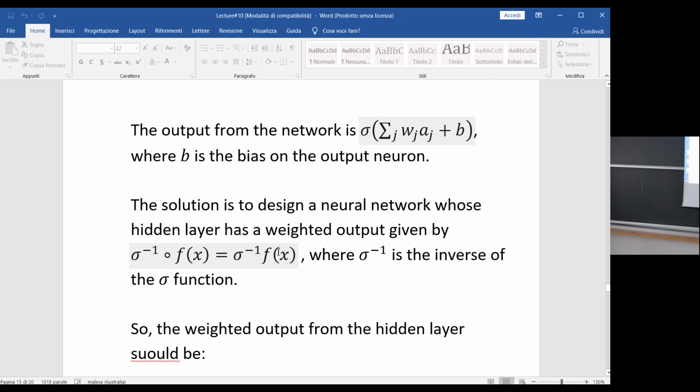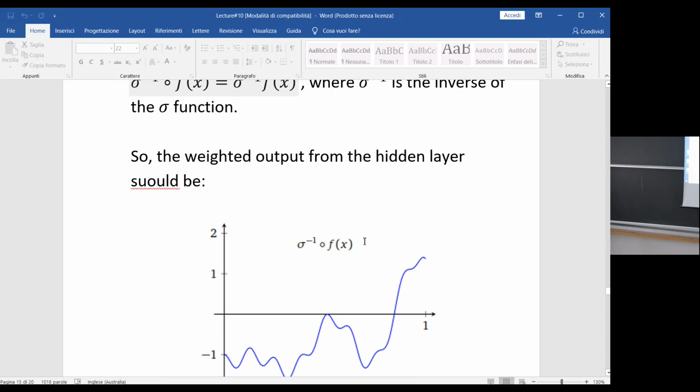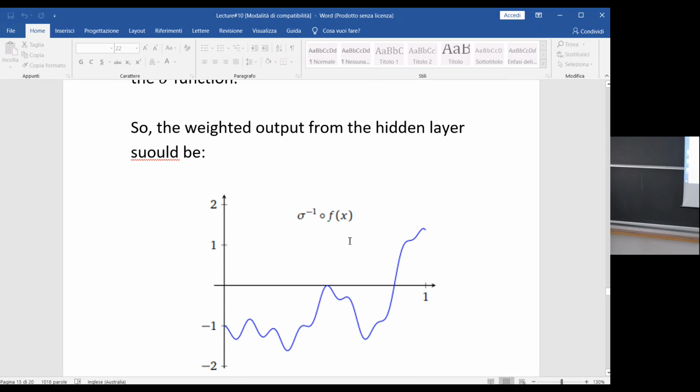Okay, so the weighted output should be, now we transform our function f of x by the inverse of our activation function sigma, 1 divided by 1 plus exponential minus z.